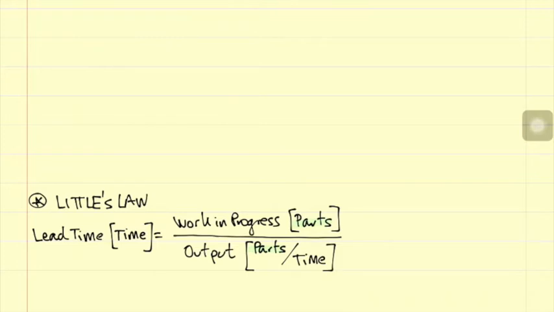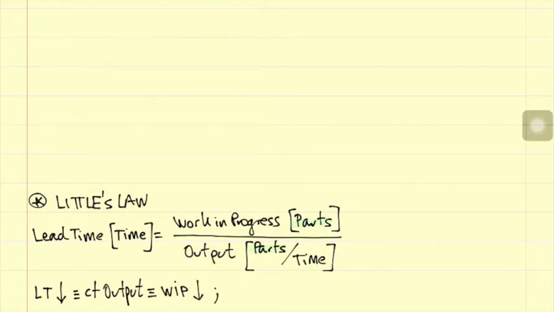Okay, for instance, in order for lead time to go down with a constant output, you need your work in progress, your Umlaufbestand, to go down.